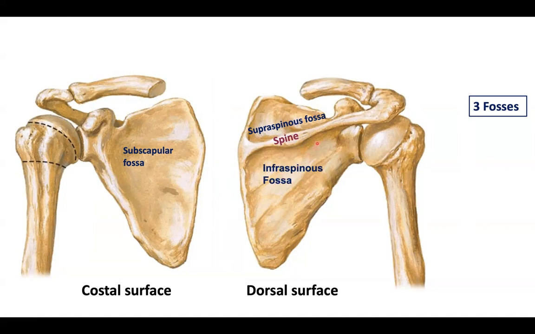So they are named based on their location. And these fossae are attachment sites for muscles. 3 of the rotator cuff muscles originate from these depressions.